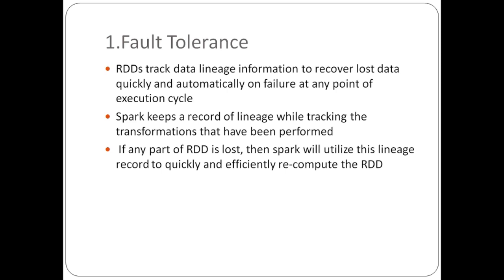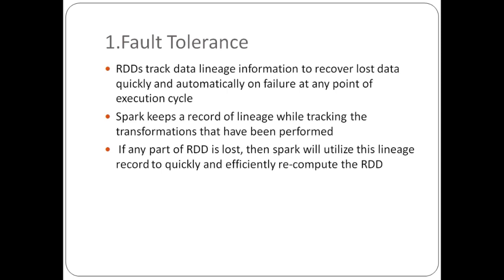Why is fault tolerance important? When you read data from the source into an RDD, it will be distributed, it is a distribution framework, right? Data will be evenly distributed across the cluster. Source to target, it should always match.